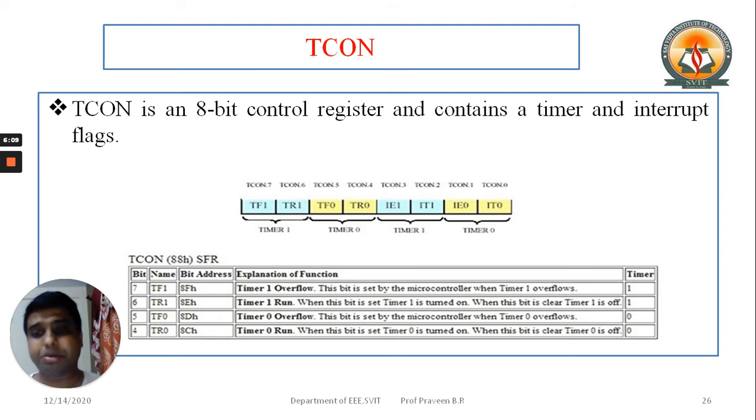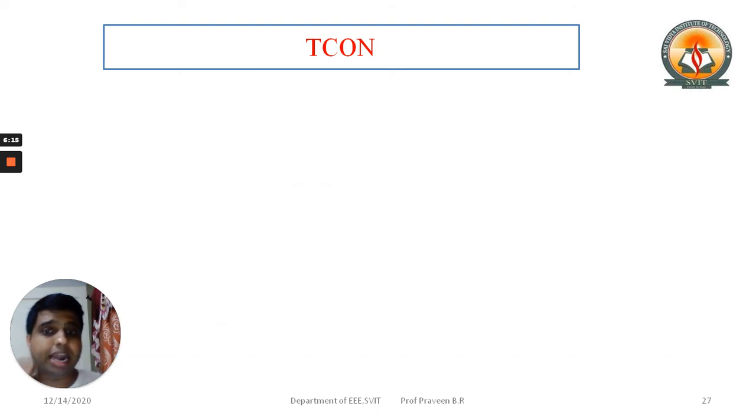When do you start the timer? Whenever TR1 or TR0 is set. What are IE1 and IT1? IE1 and IE0 enable the external interrupts. So these are related to timers and counters.